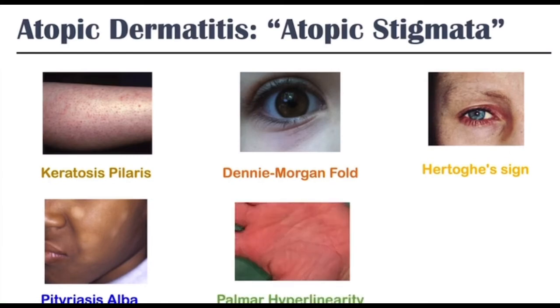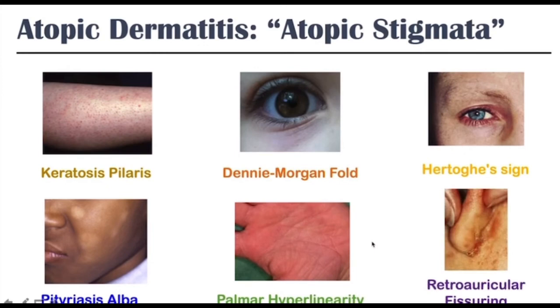Another one is palmar hyperlinearity. So if you were to look at a patient's hand, you can essentially see way more palmar lines on their hand, and this is what we call palmar hyperlinearity. This could be a skin finding in atopic dermatitis. And another one is something we call retroauricular fissuring.